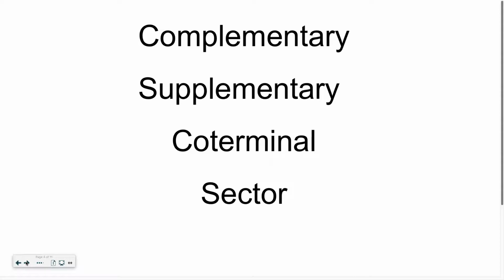Okay, so wait, can you go back to coterminal? Coterminal is like... we can't figure this out. Well, you probably have lines, you know? Tell them the lines.